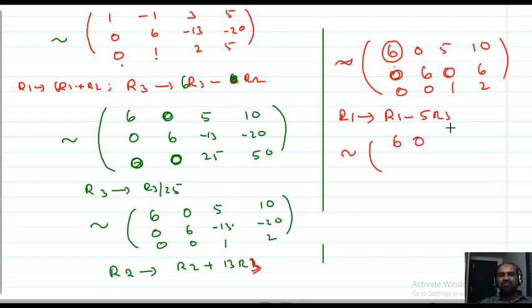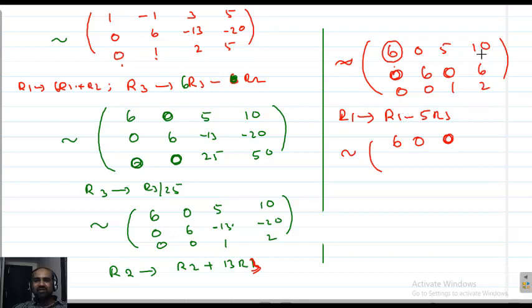Yeah, 5 minus 5, 0. Yeah, 10 minus 10. Oh no, here also I am getting 0. Wait, 10 minus 10, 0. Here also I am getting 0. 0 6 0 6 0 0 1 2.